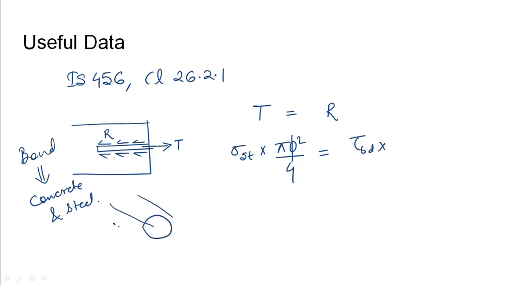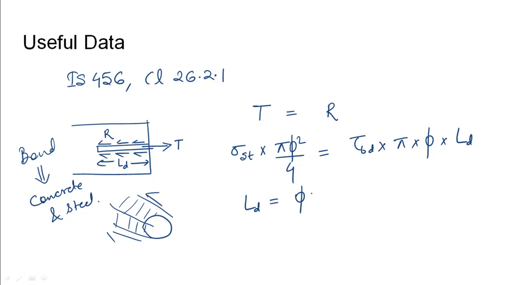So if this is the bar, it will have a circumference, and on this circumference the bond strength will act. The circumference can be found out as pi into the diameter into the length of this bar that is inside the slab. This is called LD, or the development length. So LD can be found out as diameter into stress of steel by 4 times the bond strength. So one needs to know about the concept of development length to solve this problem.